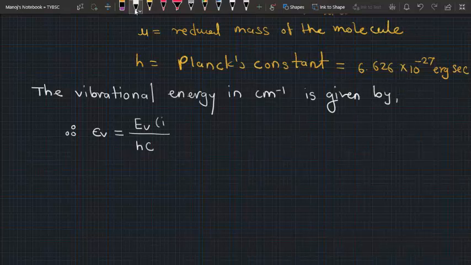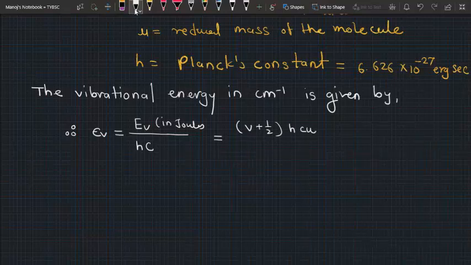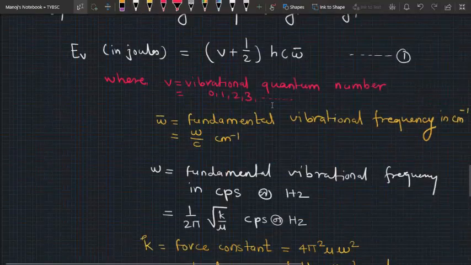This Ev is in joules, so let us put the value of Ev. We have just seen (v plus 1 half) h c omega upon hc. Let us call this equation number 1.